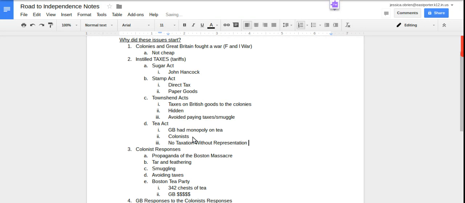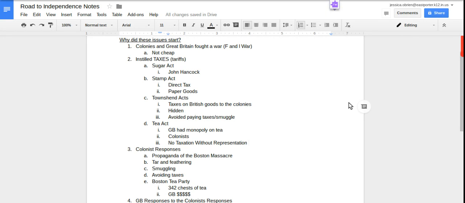The war was expensive. We should probably help pay for it, but at least have us be represented in Parliament to make these laws for our people. That's the least you could do. And Great Britain's like, nah, that's all right. So the whole no taxation without representation is a huge theme in these struggles.